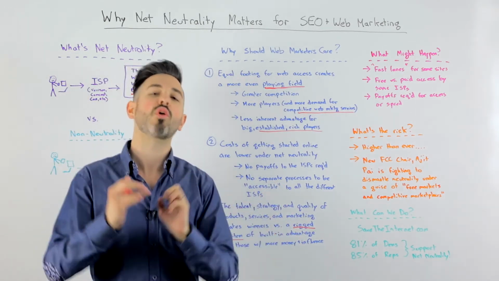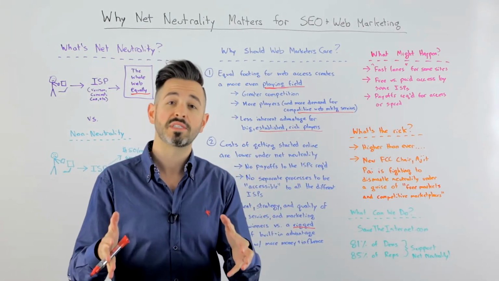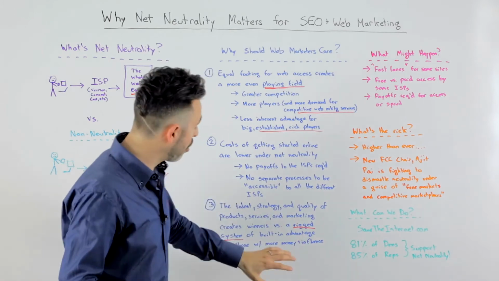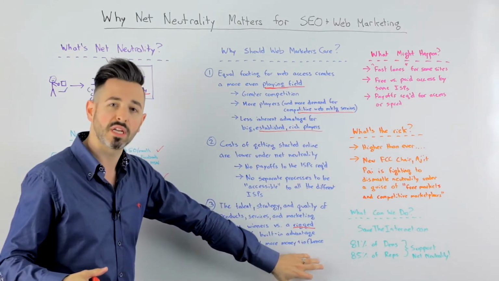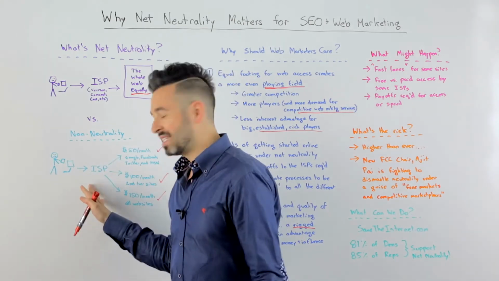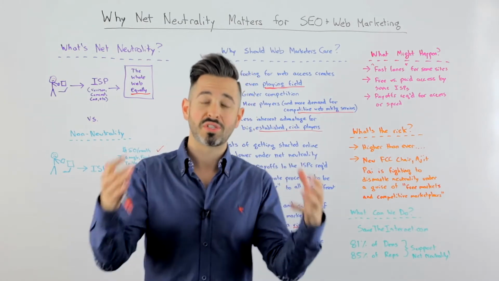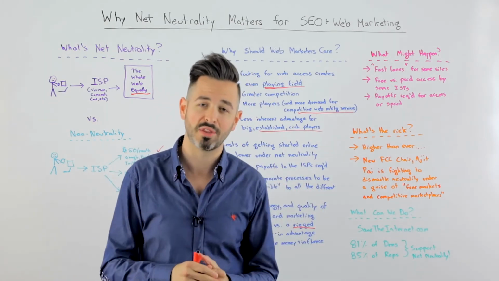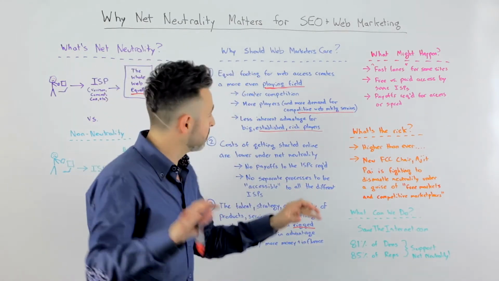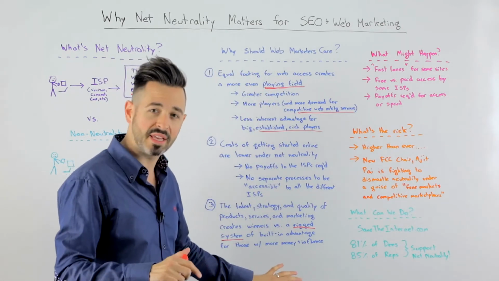And I think we would all generally agree that in 2017, in late-stage capitalist societies, generally speaking, there's already a huge advantage by having a lot of money and influence. I'm not sure those with money and influence necessarily need another leg up on entrepreneurs and startups and folks who are trying to compete on the web. Now, maybe you'll disagree, but I think that these together make a very compelling case.